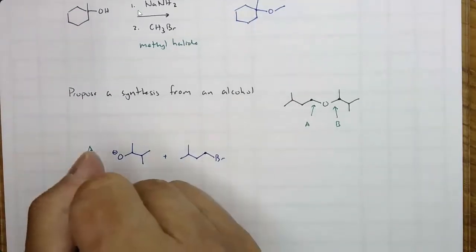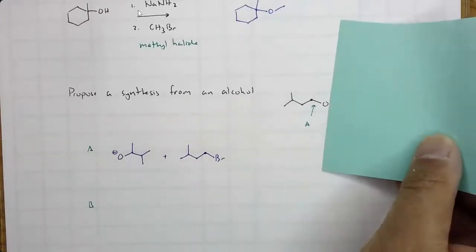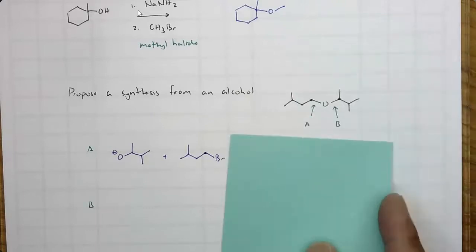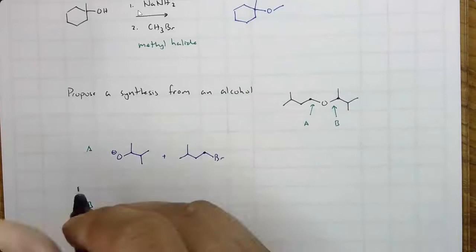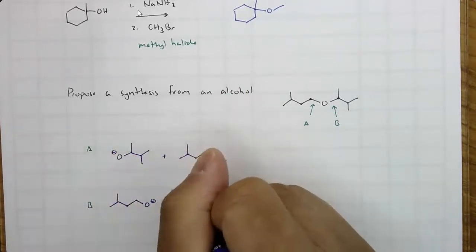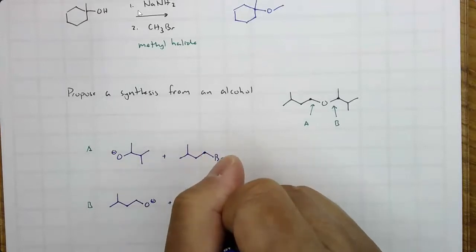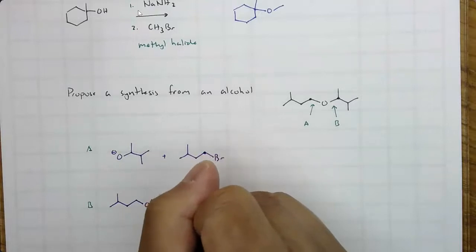But if we try to make bond B, I don't know if this is as good. We take this alkoxide to make a bond to this dot right there. Draw my dots. And so the Br was on the dot.